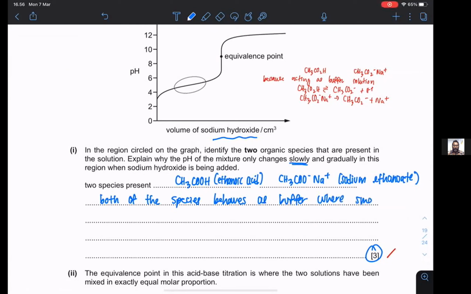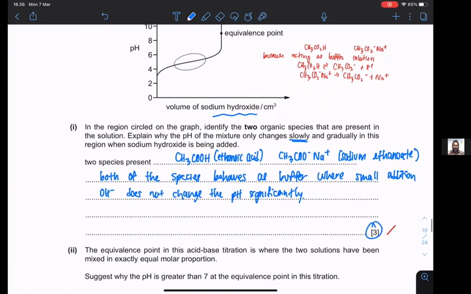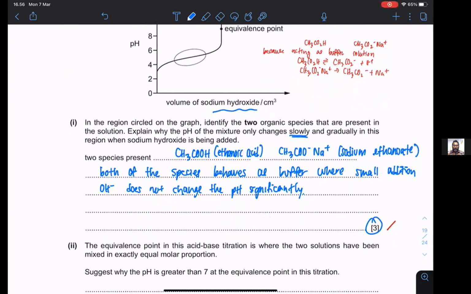where a small addition of OH minus does not change the pH significantly. So you also need to identify that this is a buffer solution, and you need to say what actually happens.